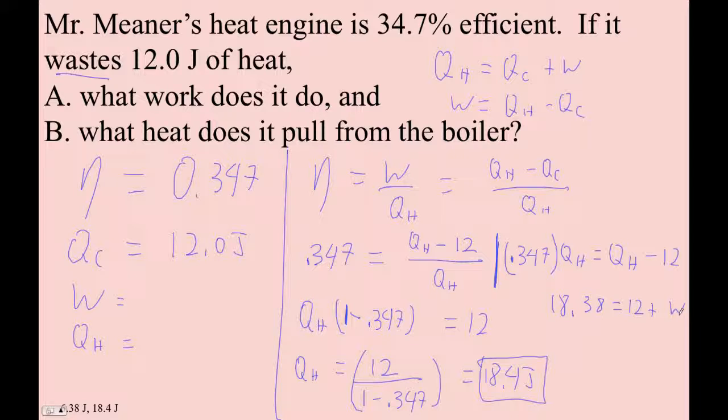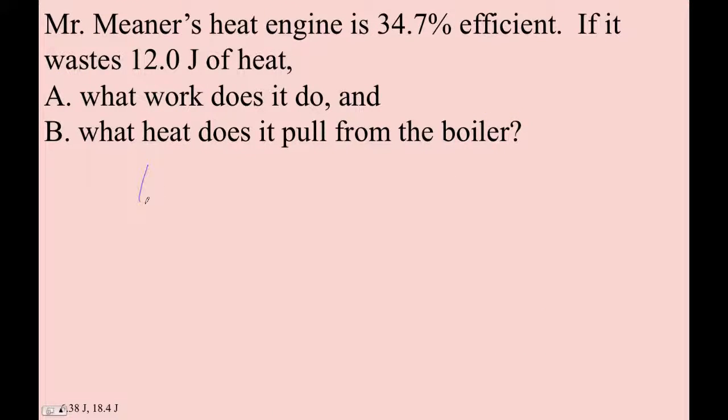So if I subtract 12 from that, I can get my work, which is 6.38. Okay. So this is way number one, and it's good and honest. You have to be able to do this substitution or memorize this, right? Okay. Now let me show you way number two, okay?